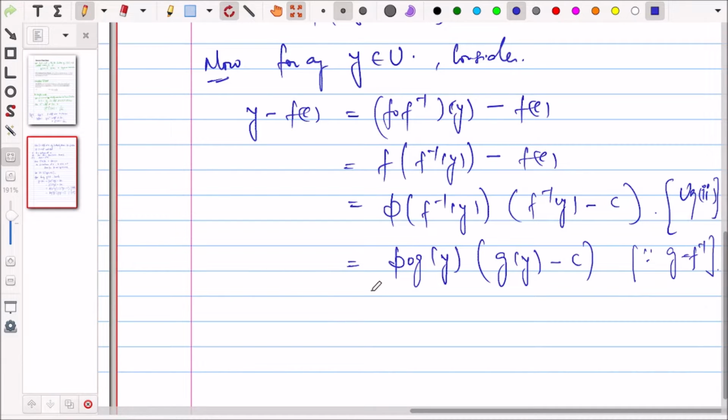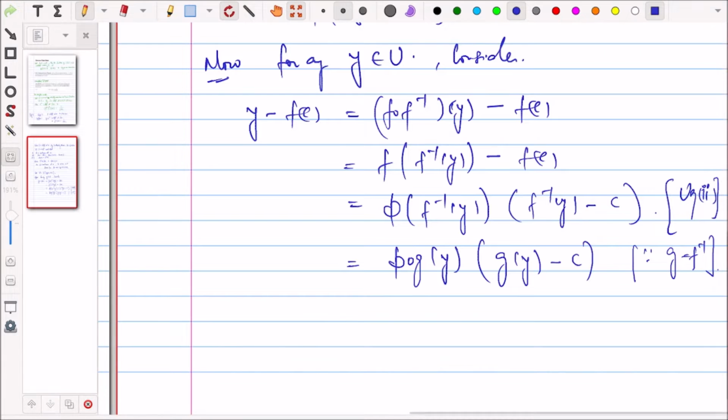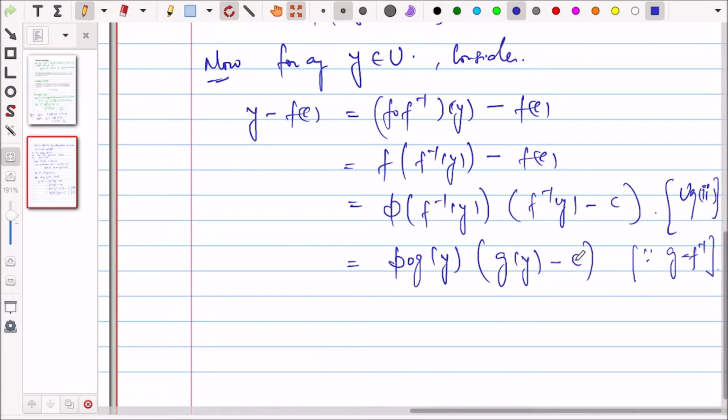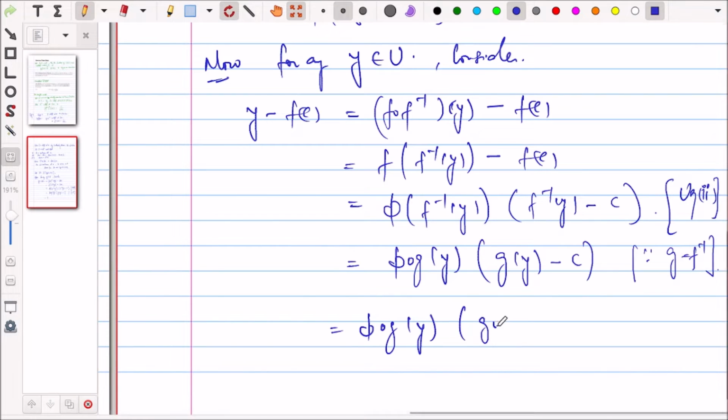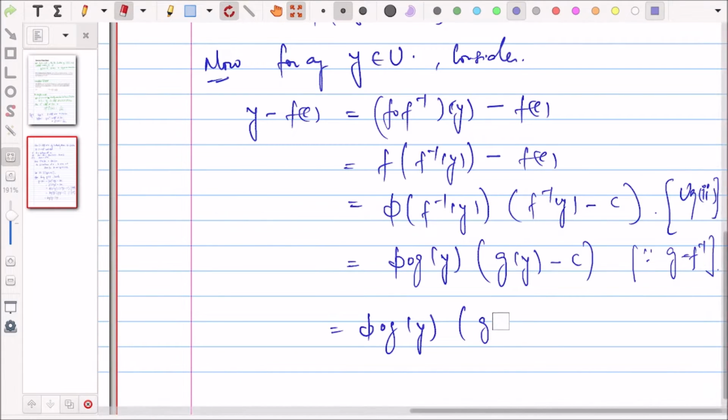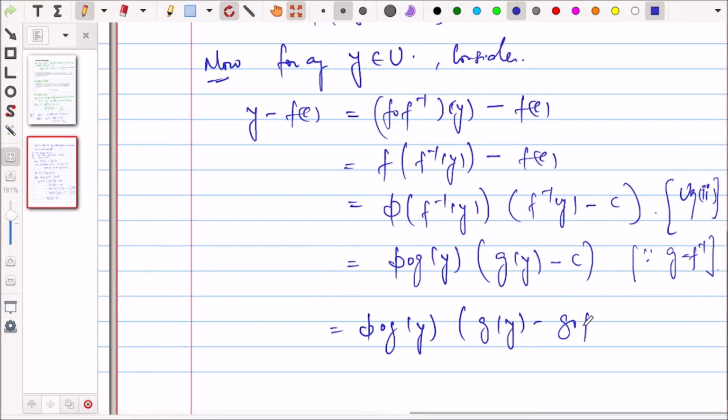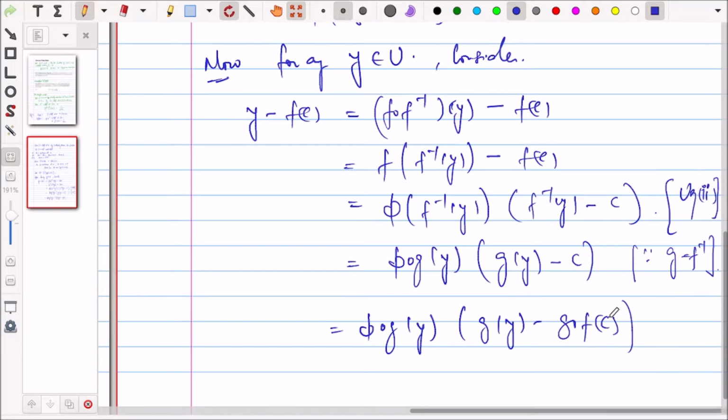What next? Now look, it has come in this form. What can we write c as? g of fc, right? So this is phi of gy times gy minus g of fc, because c is equal to g of fc.